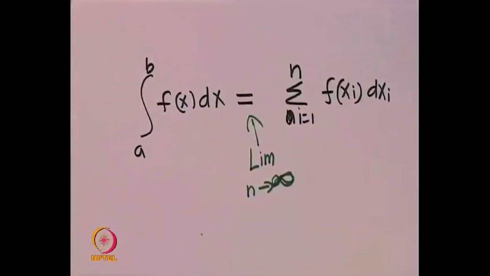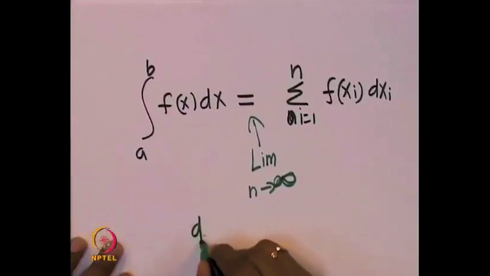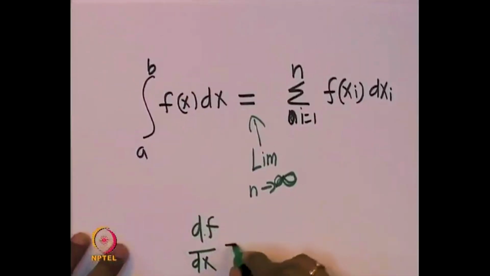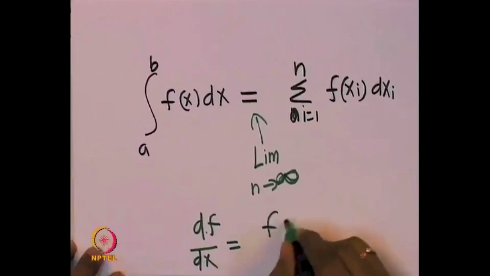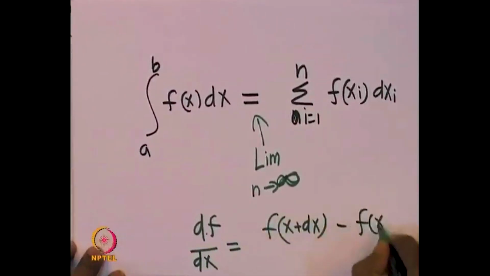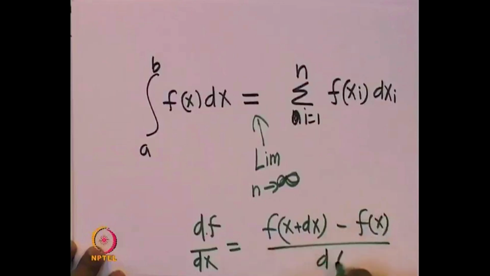So now we will see some examples. Just like in calculus, we said that df by dx is f of x plus dx minus f of x divided by dx. This is equal in the limit dx tending to 0.